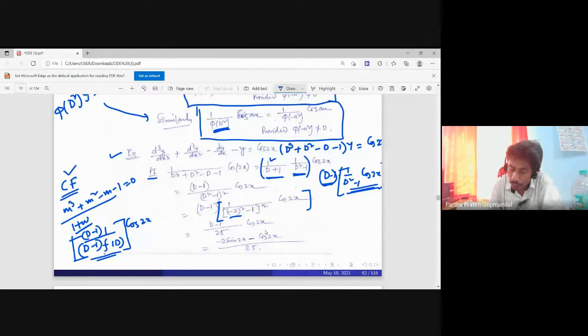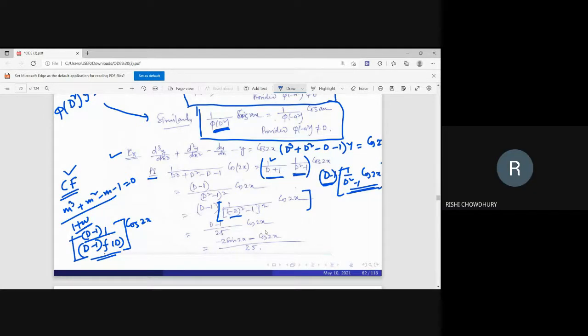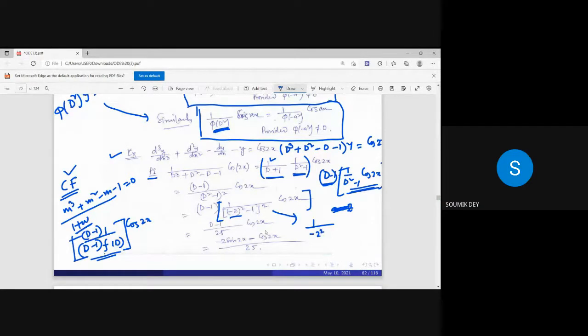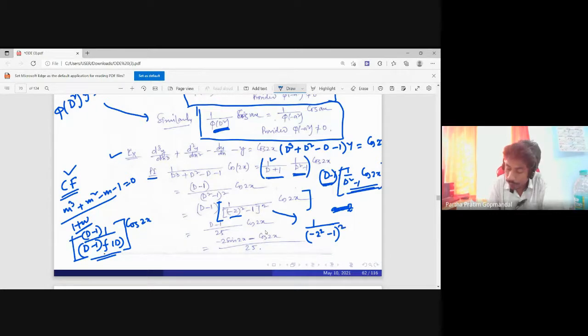Sorry, there is a mistake again. Let me correct it. It will be 1 by (-2^2 - 1)^2, because a is 2 and D^2 is replaced by -a^2, so it will be minus of 2 squared. So here it is 1 by (-5)^2 cos 2x, so it will be 25.